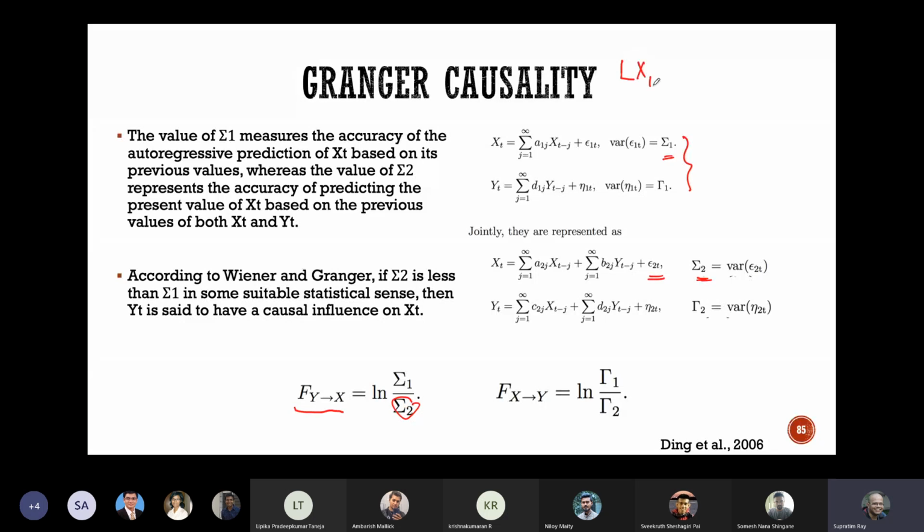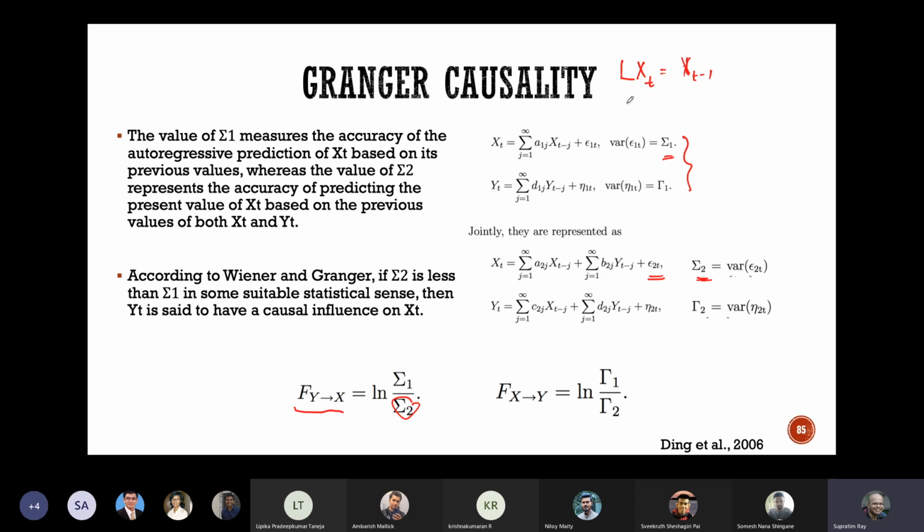When I operate on x_t, I get x_{t-1}. So x_{t-2} is just L squared, and so now it would be x_t equal to the sum over j up to infinity, x_{t-j} is just L to the power j x_t.